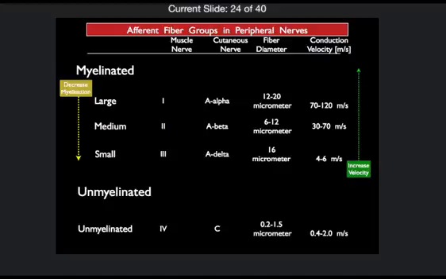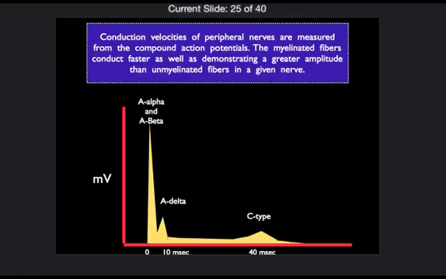And you can see that the dimensions and diameter are decreasing. The rule is, with decreased myelination, you get decreased velocity of conduction, or said a different way, the more the myelination, the thicker the nerve diameter, which increases the conduction.